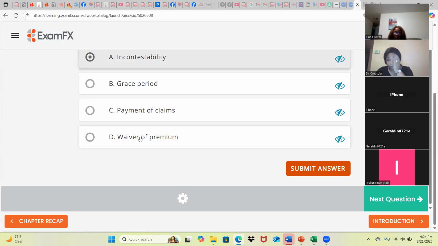Waiver of premium is for the owner when the owner is the insured.